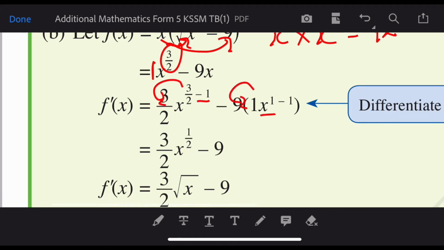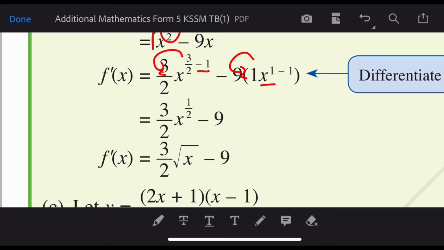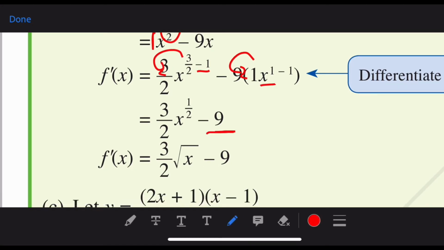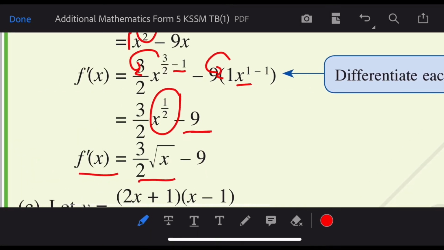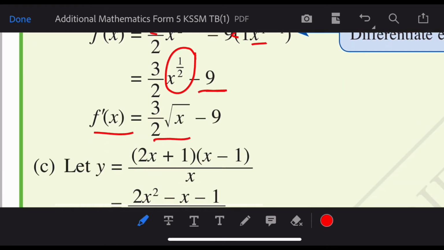When you differentiate a number with x, you always get back the number. And when you see power half, it is actually square root. So this is how you differentiate each term separately, one by one. If minus, minus; if plus, plus.